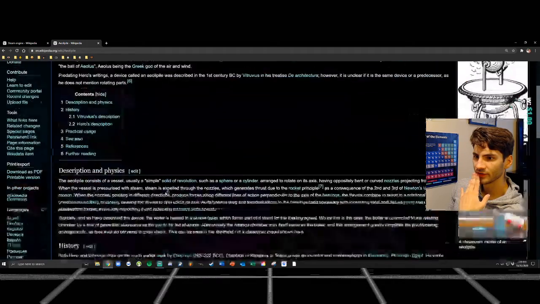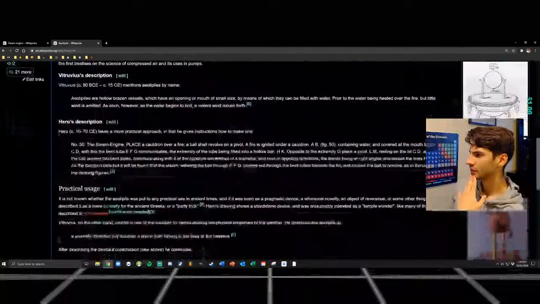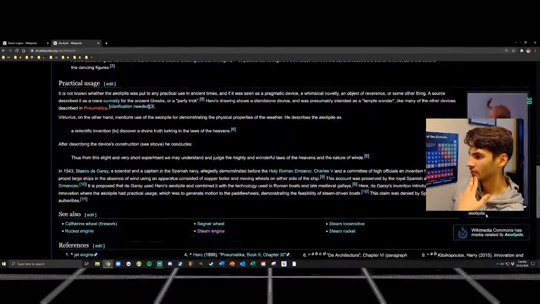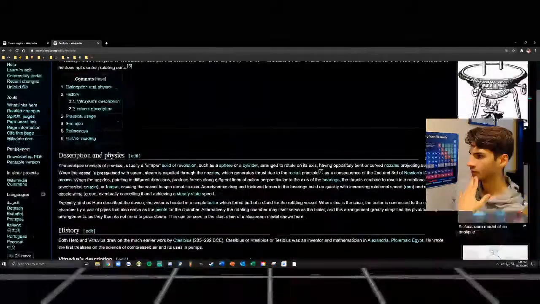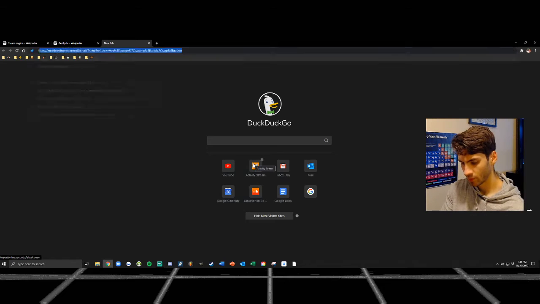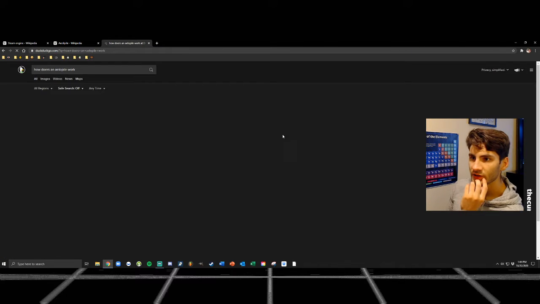I need to see a video of this, because it looks familiar. A modern replica of Hero's Aeolipile. How does an Aeolipile work? I didn't even spell that right, but whatever.